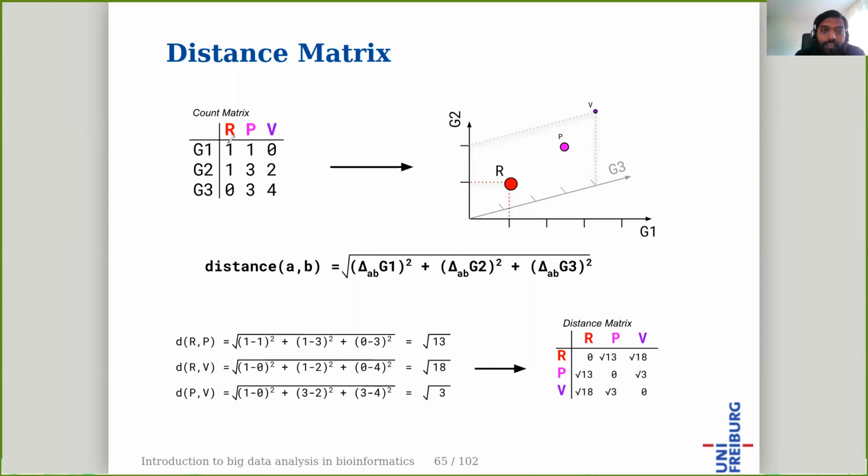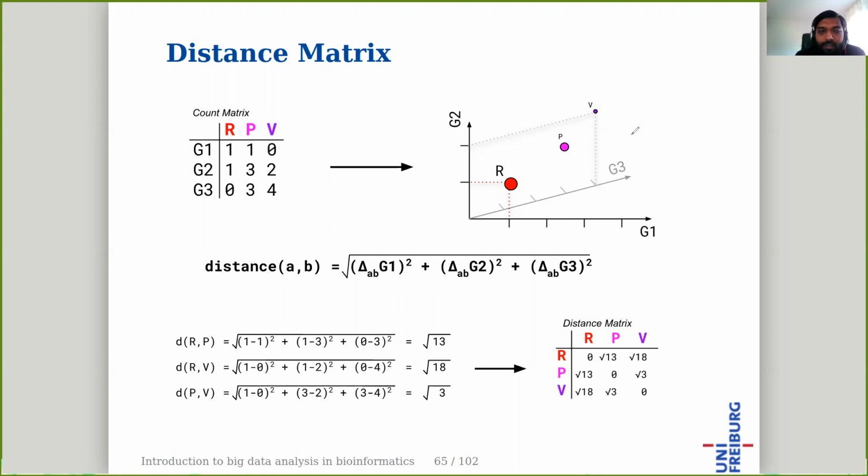R has on first dimension 1, second dimension 1. This is 1, 1, and that can be placed here. For P, 1, 3, 3, which is 1 here, 1 here, 3 from this dimension, 3 from G2, 3 from G3, and this is placed somewhere here.